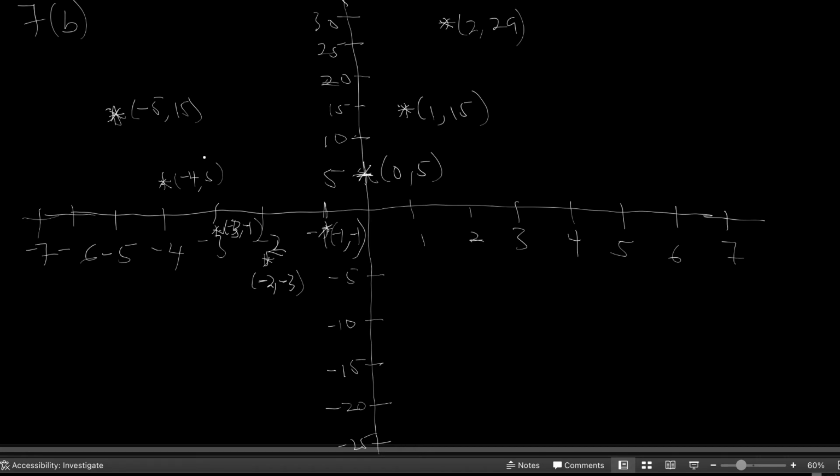So now we draw the curve. All right. So we should have something like this. So we are done with 7b.